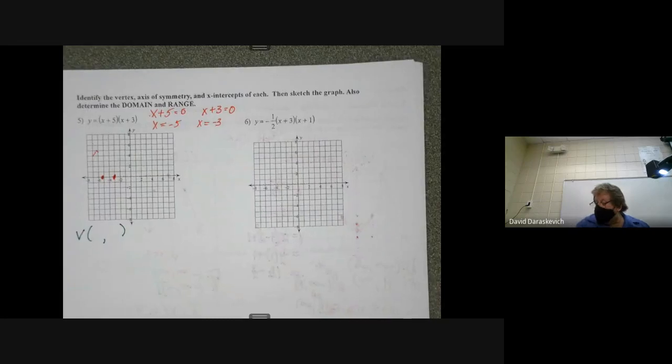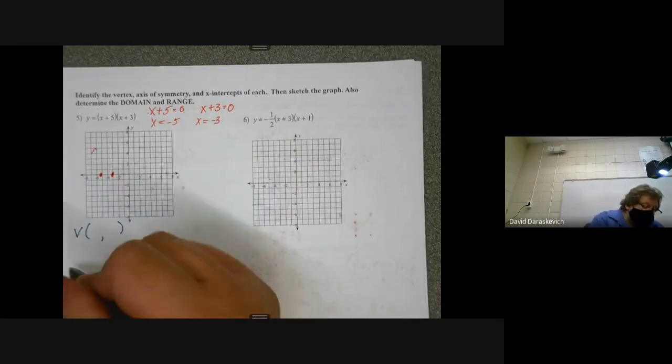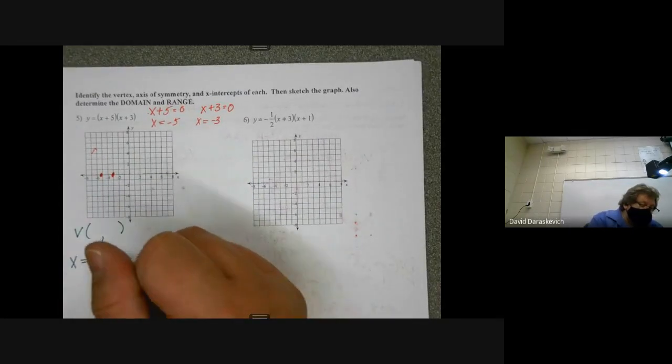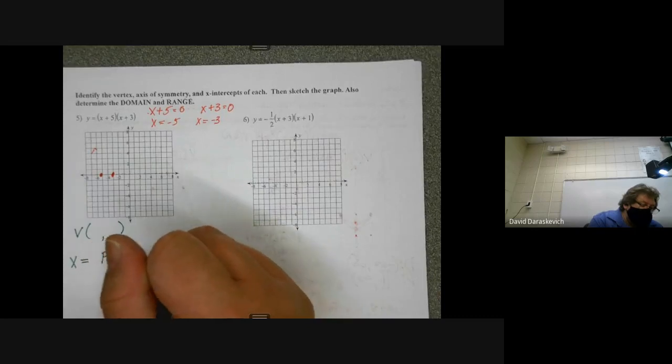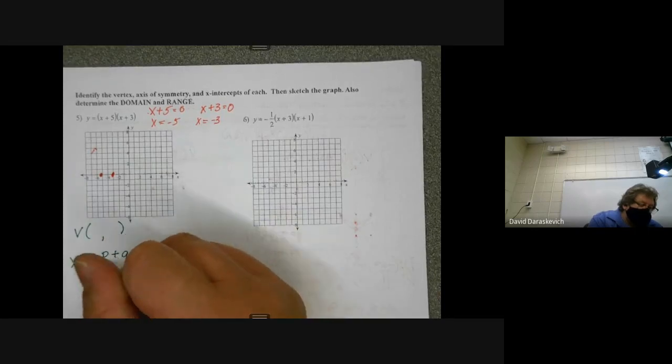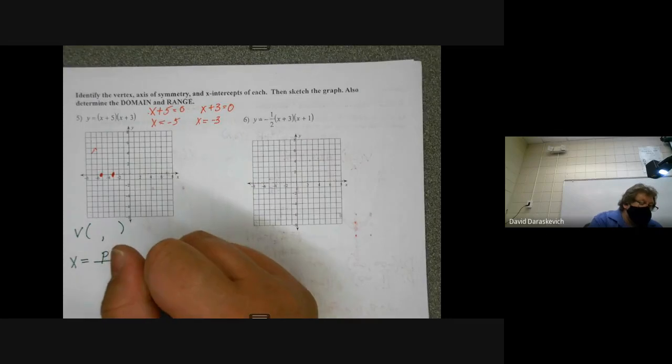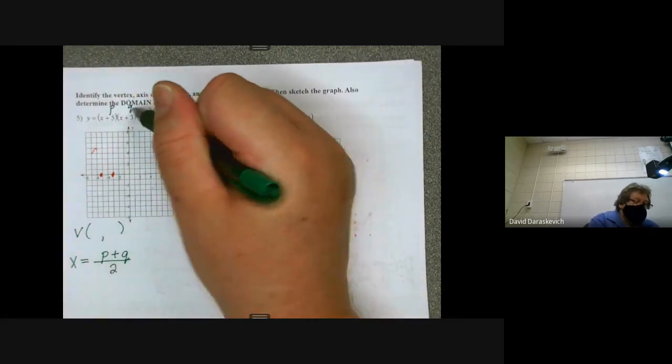Okay, my vertex, again, my x value is going to equal p plus q divided by 2. In intercept form, this is my p, this is my q, right?